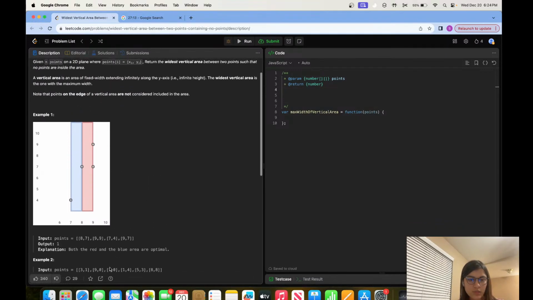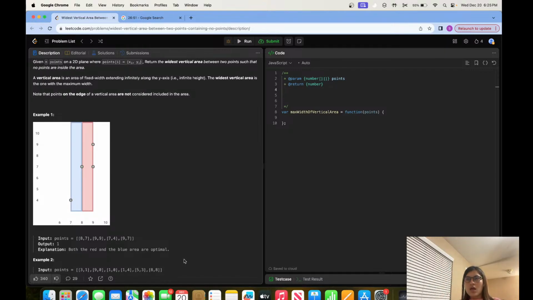And if these are the points 3, 1, 9, 0, 1, 0, 1, 4, 5, 3, 8, then what will be the widest vertical area? That is the question, right? So I need to find two points. I can just imagine that there is a vertical line at every point.